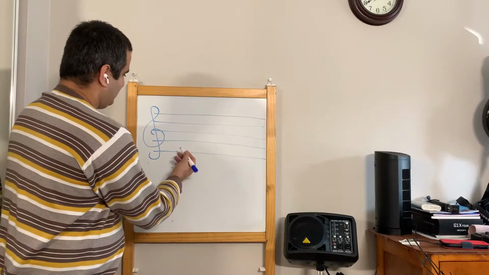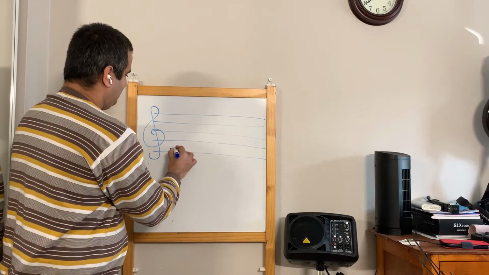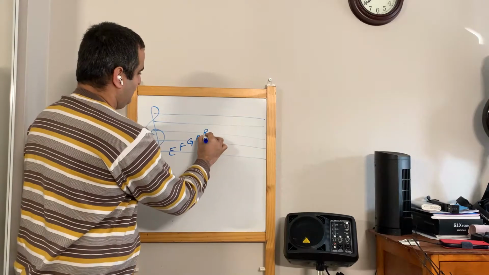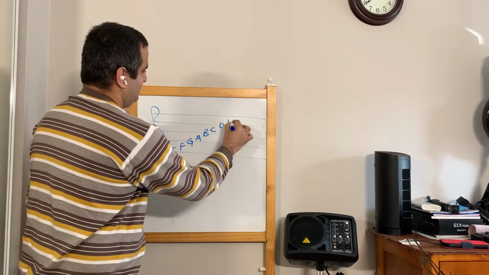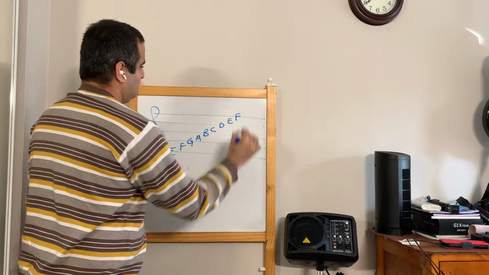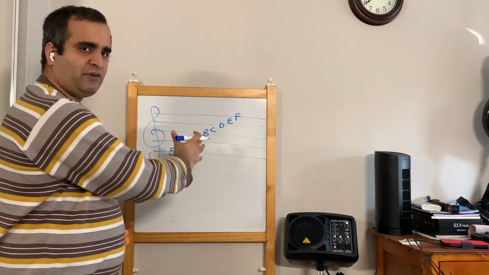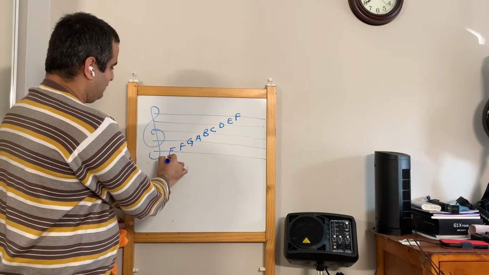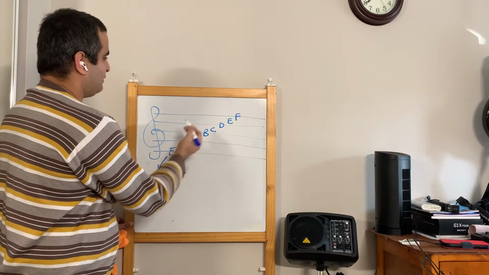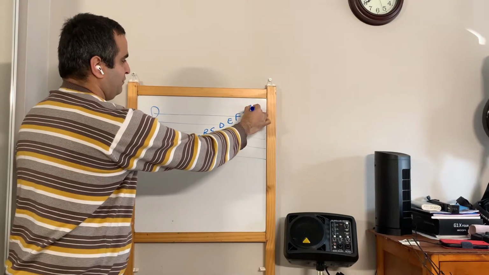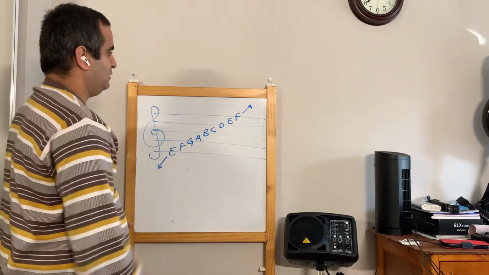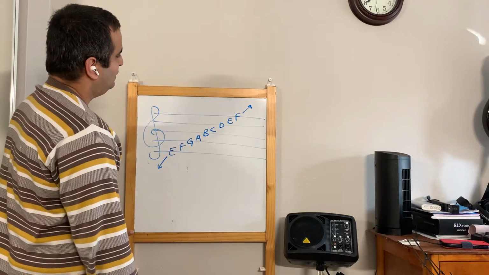If you remember the first line here, E, F, G, A, B, C, D, E, and F. Primarily these are our 5 lines and 4 spaces, but there are a few notes which are written below the first line and above the 5th line. So we're going to use those. I'm going to tell you how those work.